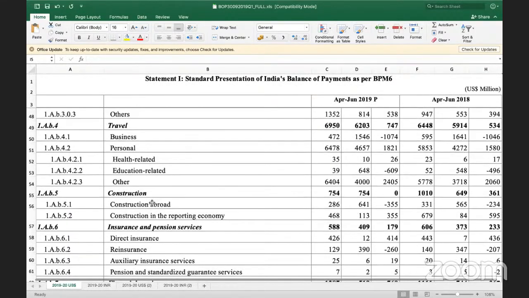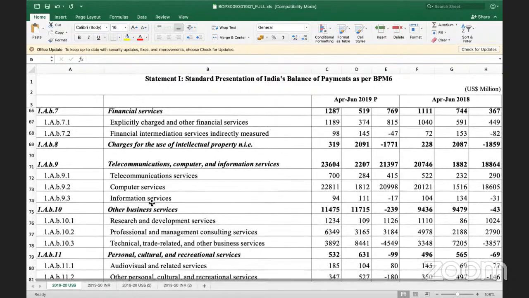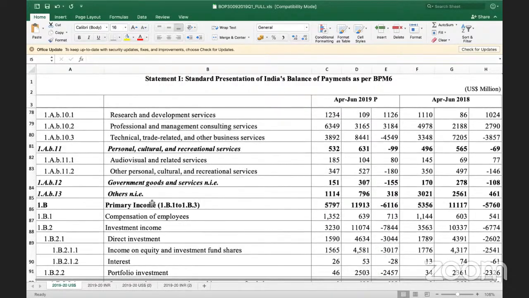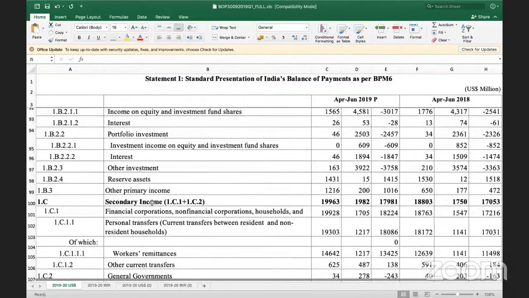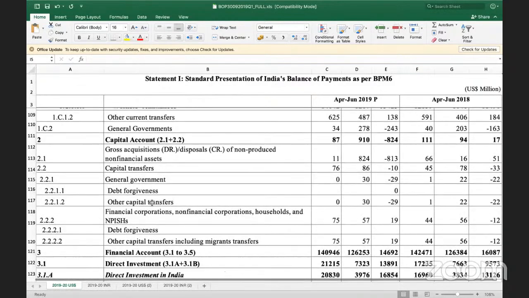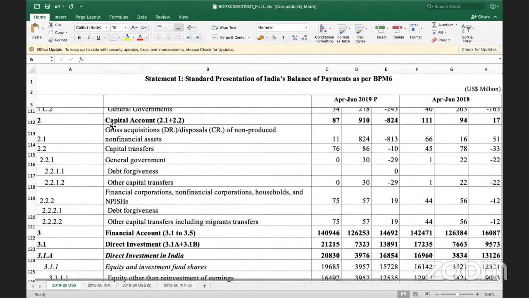These are all services. Then the capital account. What is there in the capital account? Capital transfers, general government transfers, and debt forgiveness.